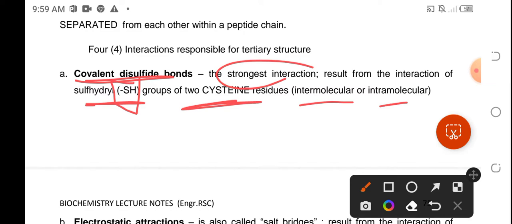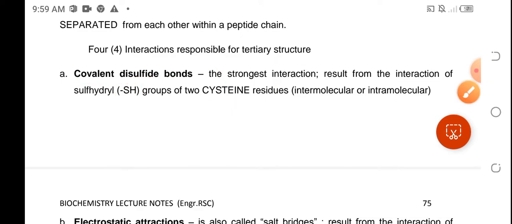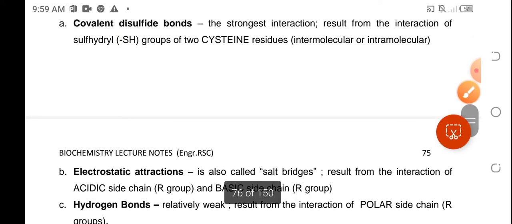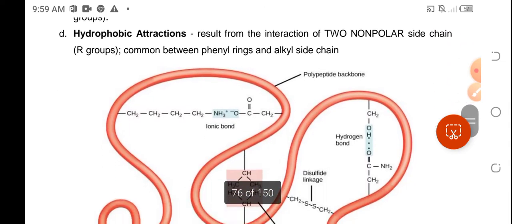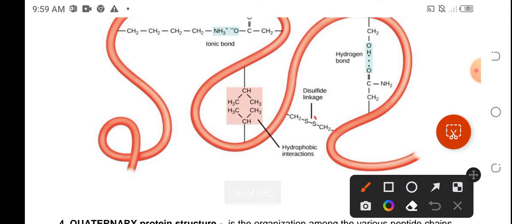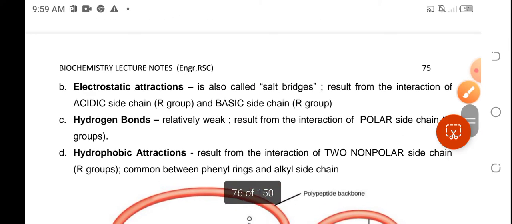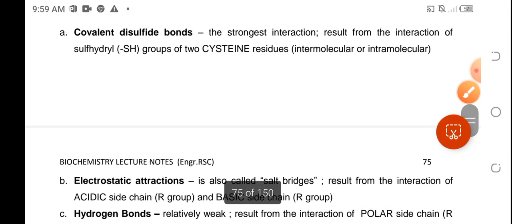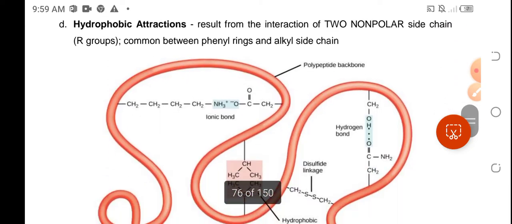So kapag merong dalawang residue na cysteine, okay, magkakaroon ng attraction. So, may folding dyan at may coiling. So, paano to? May dalawang cysteine daw tayo dito. So, magkakaroon sila ng disulfide linkages or covalent disulfide bond.